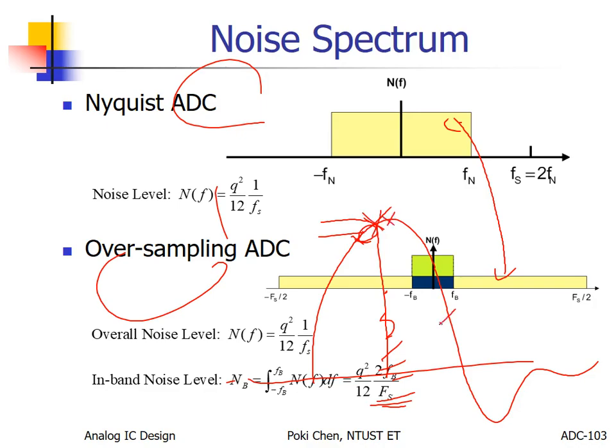The difference between two samples will be reduced correspondingly. So in theory, with oversampling, 1 bit should be sufficient. Because we are very close, I only need to know whether I'm higher or lower than you.